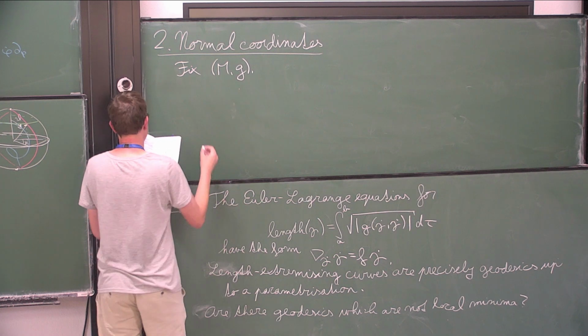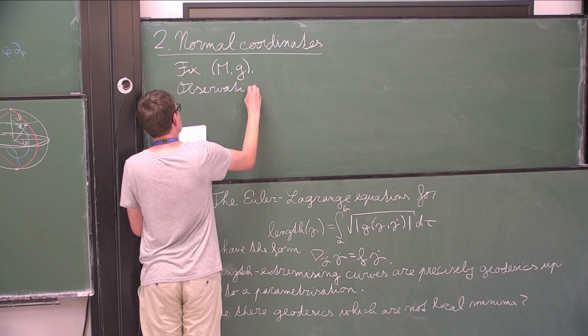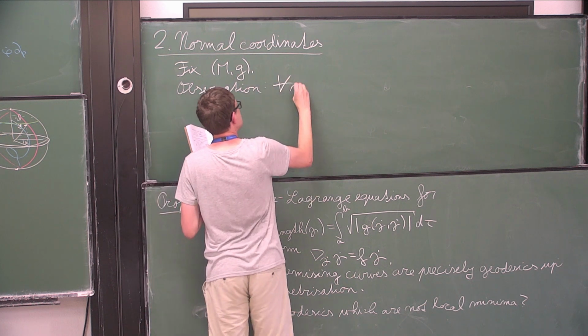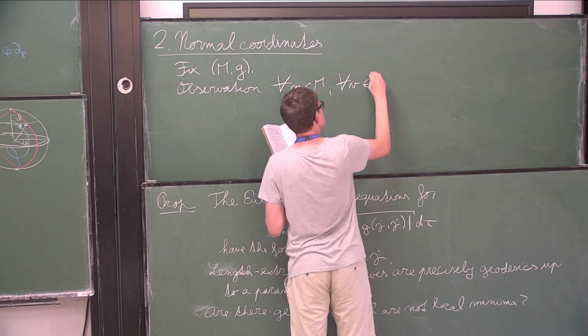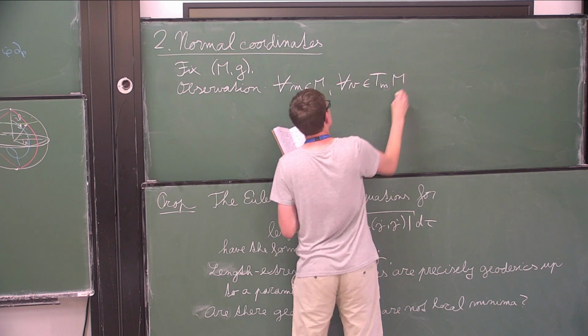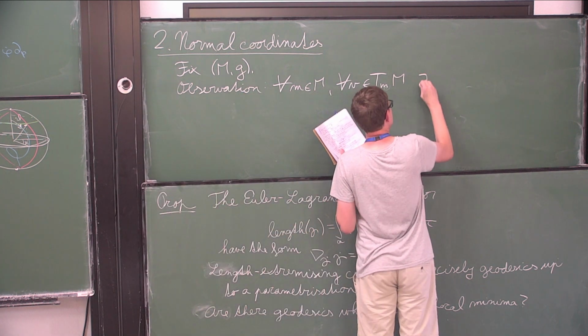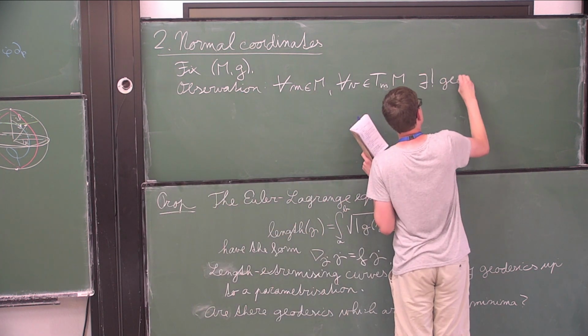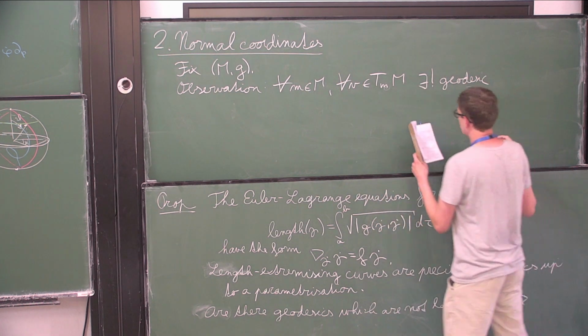Now, observation. For all points in your manifold, and for all directions in the tangent space of that point, all v in the tangent space, there exists a unique geodesic. Again, a consequence of some basic ODE theory.